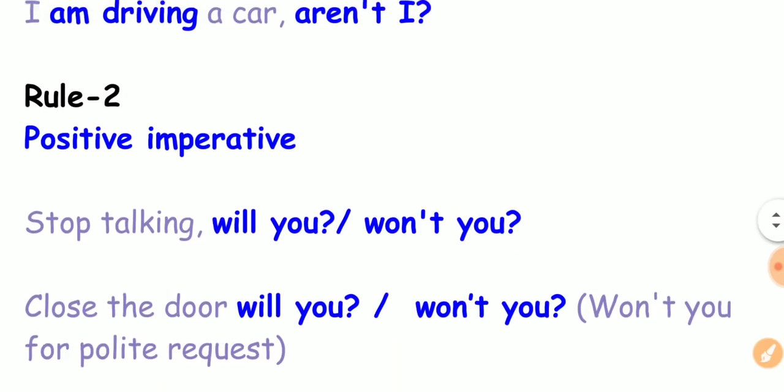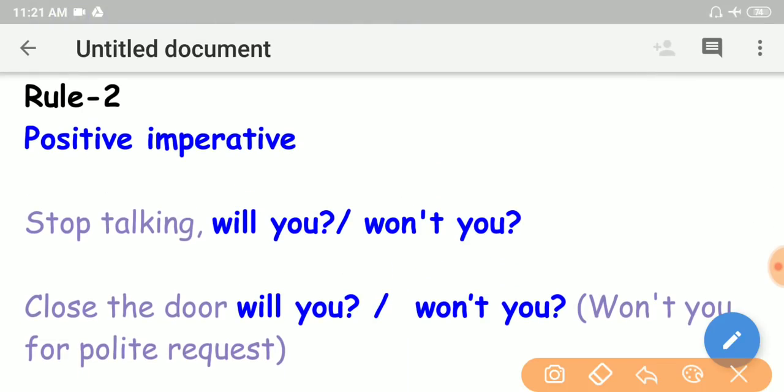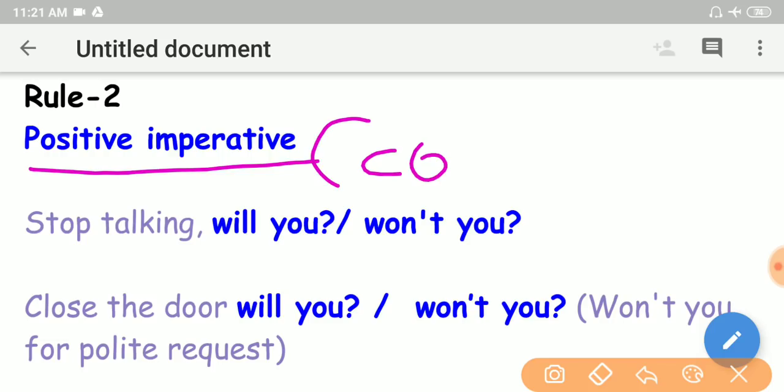So next, rule number two: positive imperative statement. Imperative statement means command or request. Generally while talking, we request somebody, or sometimes we command somebody.